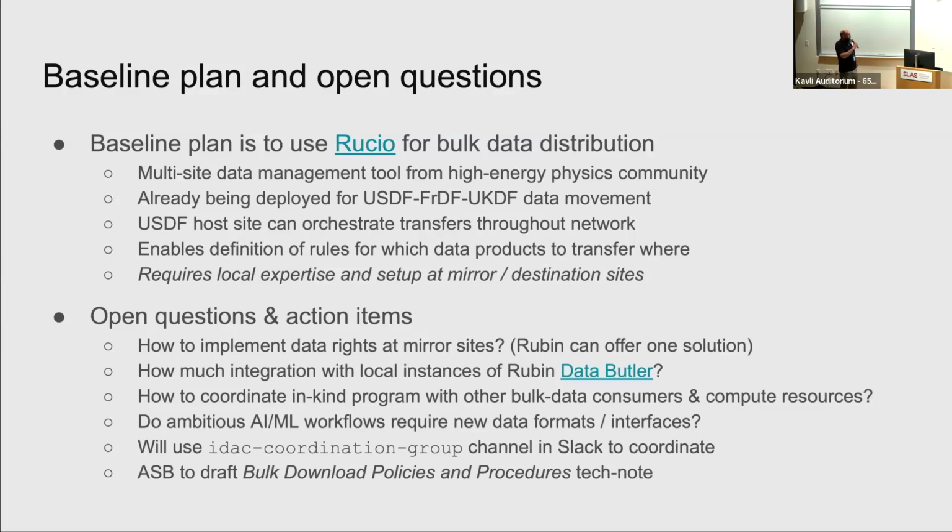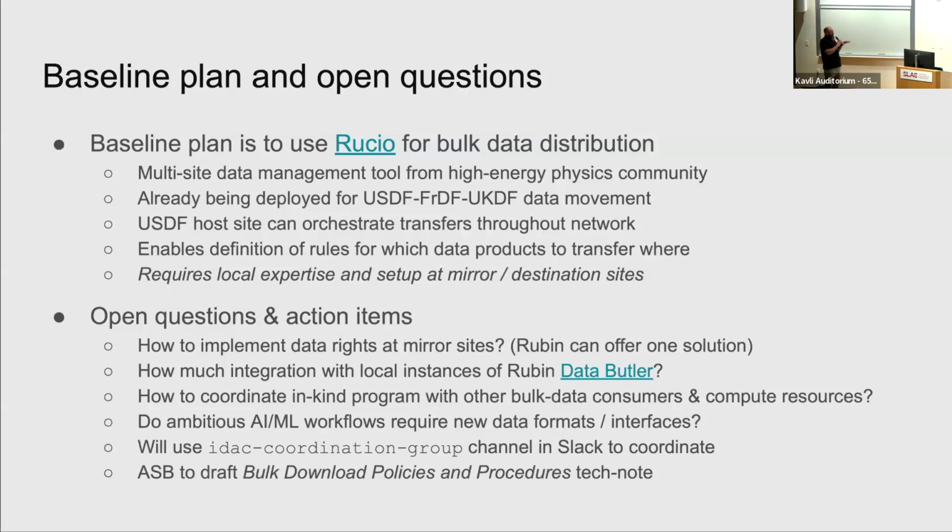A few more open questions and action items. Of course, there's the need to implement data rights at the mirror sites. I believe Rubin can offer at least one solution for that, but there may be others to consider as well. There are questions of how much to integrate with local instances of the Rubin data butler, how to coordinate with the in-kind program, and other bulk data consumers and compute resources provided through that channel.